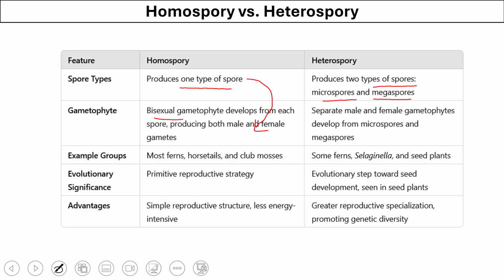But microspores and megaspores end up forming the male and female gametophyte, which will produce the different kinds of gametes. Homospory is a more primitive form of reproductive strategy, and heterospory is more evolved.